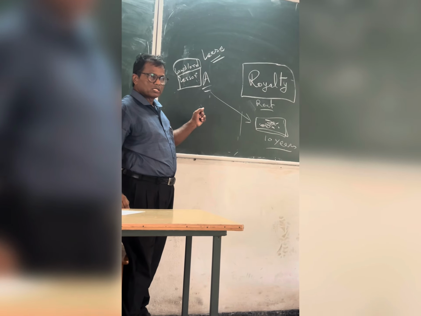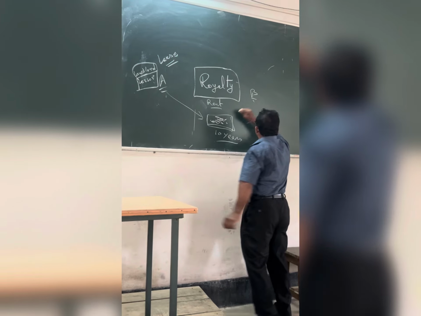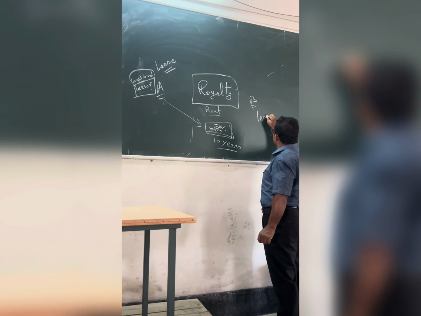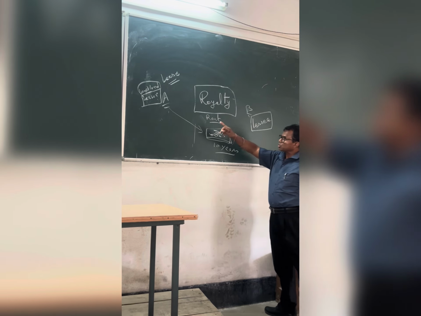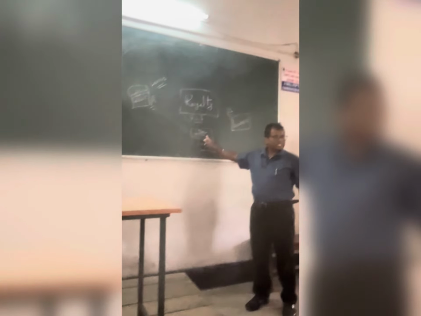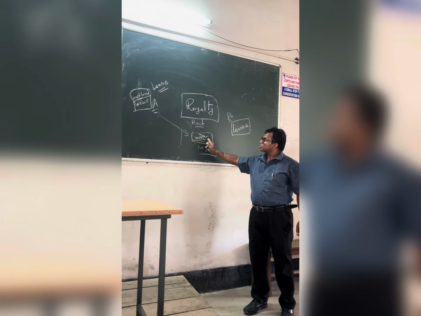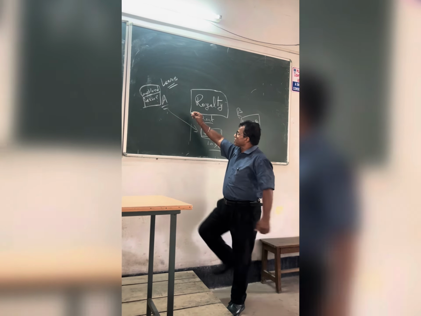And the person who has taken it from him is known as lessee. Now lessor and lessee, these two words are clear to you. This is a plot of land where there is a fishery, owned by Mr. A. So A is the landlord and the lessor.